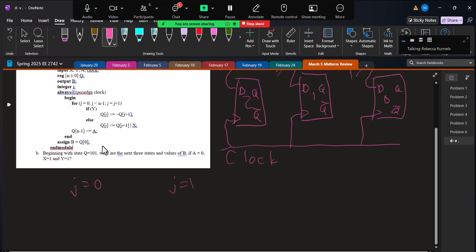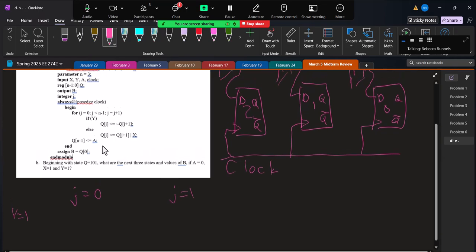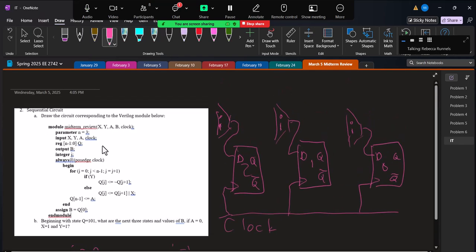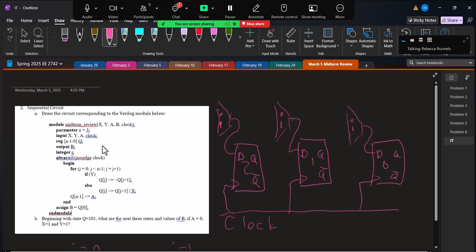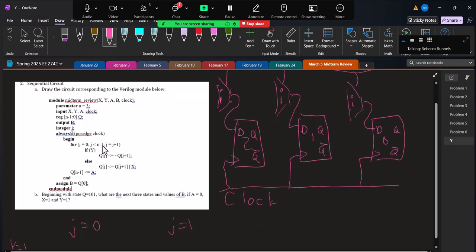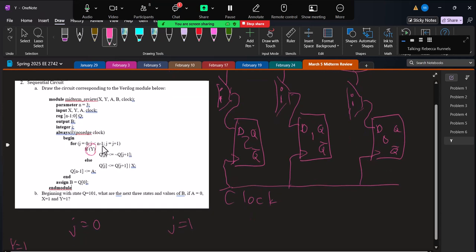If y, so that means if y equals 1, this is telling me, all right, it's an if statement, it's a multiplexer, and it's saying if y equals 1. That means y is the select for the multiplexer, since it's what is inside this if.